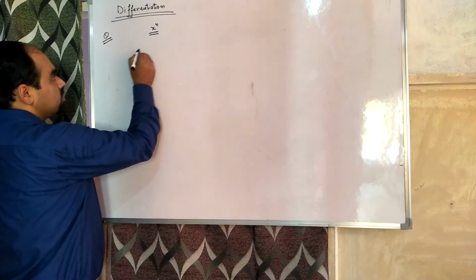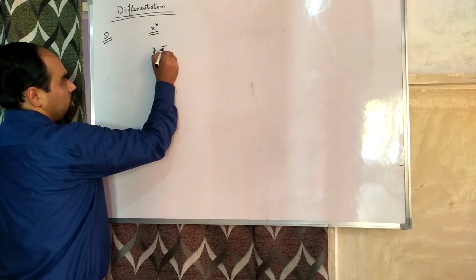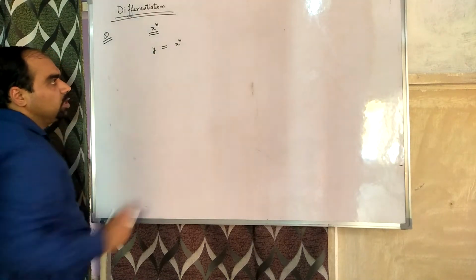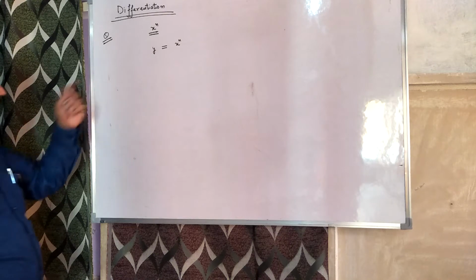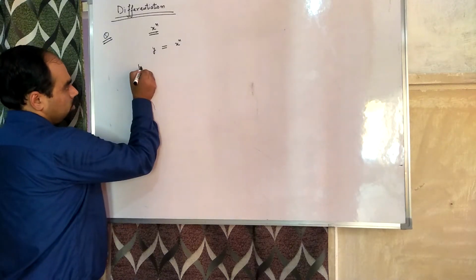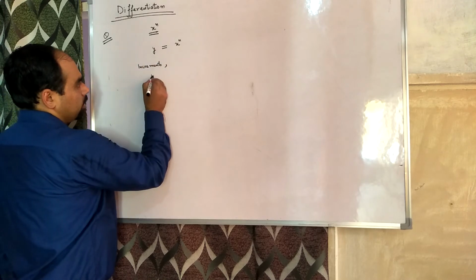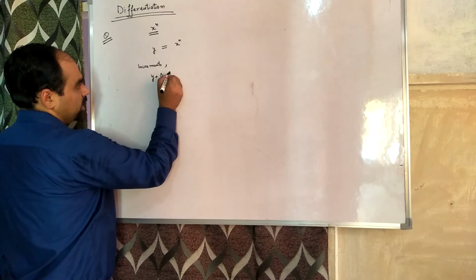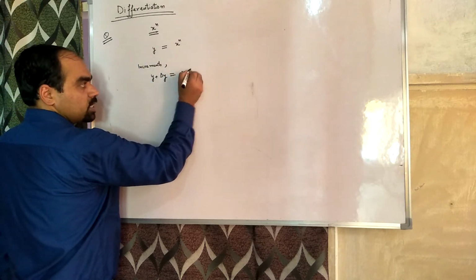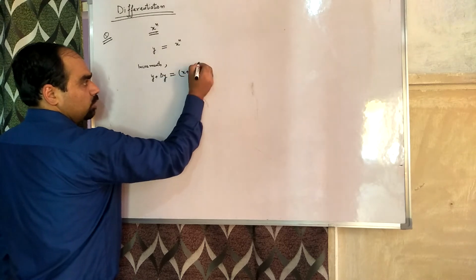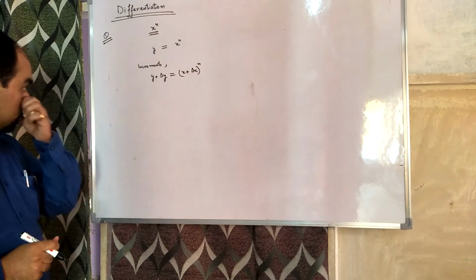So first step is, suppose a function y equals x raised to power n. Next step, give the increments. y plus delta y, that is equal to, the function is given, the increment is given to the variable only. So this is your value.